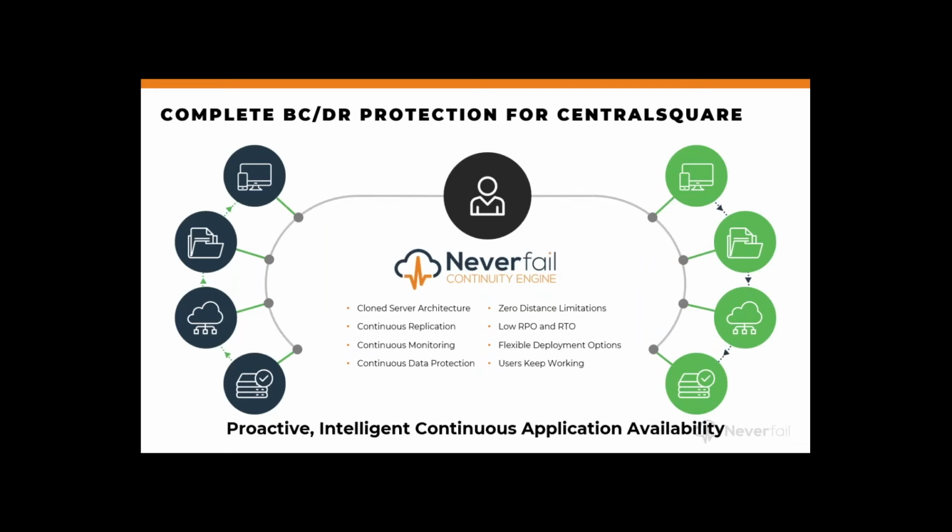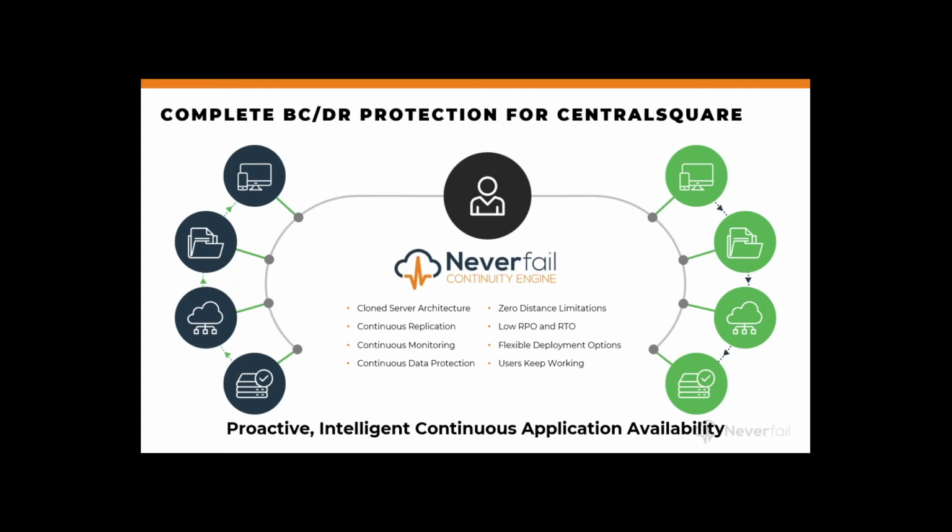So why is Continuity Engine such a different type of technology? Well, really because it's our approach to continuous availability. A lot of organizations will try to build up a server and try to replicate the data over, and at the time of failure, try to make it look like the old server.